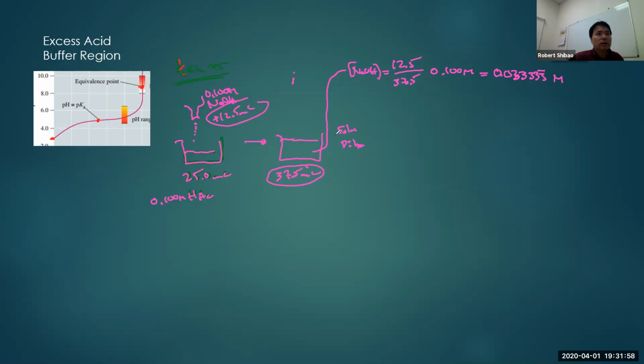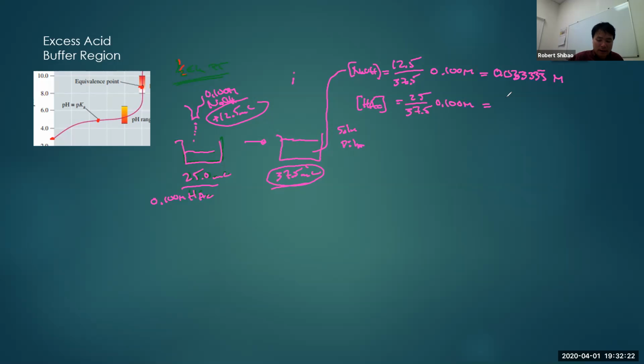Okay, what's the new molarity of acetic acid? When I look at the acetic acid, I'm taking 25 milliliters of acetic acid and diluting it to 37.5 milliliters. And so it's a 25 to 37.5 dilution of 0.100 molar. Okay, so let's go ahead and calculate that.